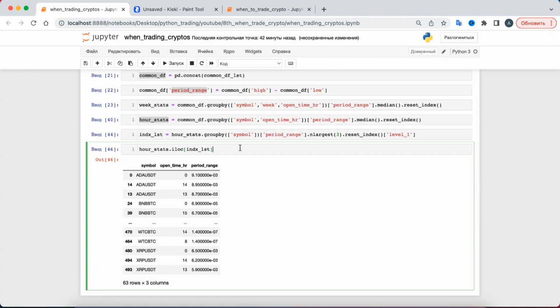This is an answer to our question: at what time the assets from the list have the biggest volatility.